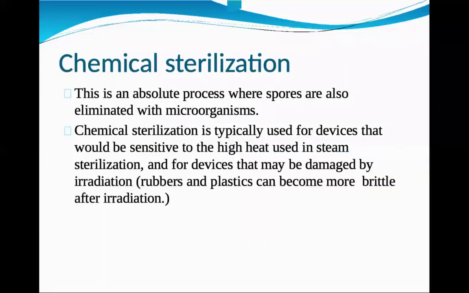The third one is chemical sterilization, where spores are also eliminated along with microorganisms. It is typically used for devices that would be sensitive to the higher heat used in steam. So in certain cases, when rubber and plastic are highly thermolabile, they can be sterilized by application of various chemicals.